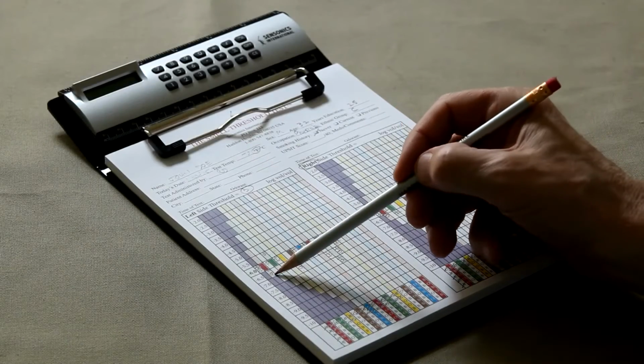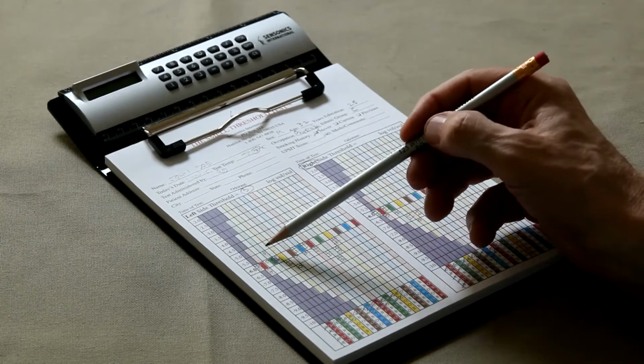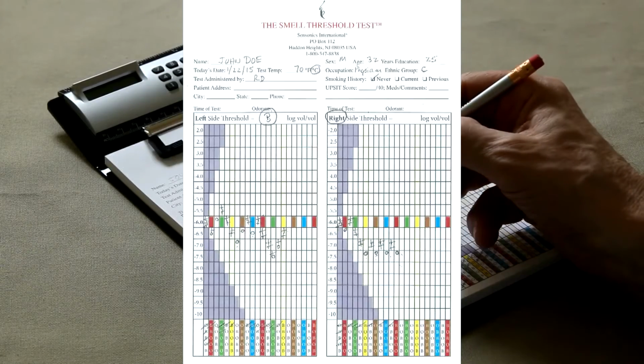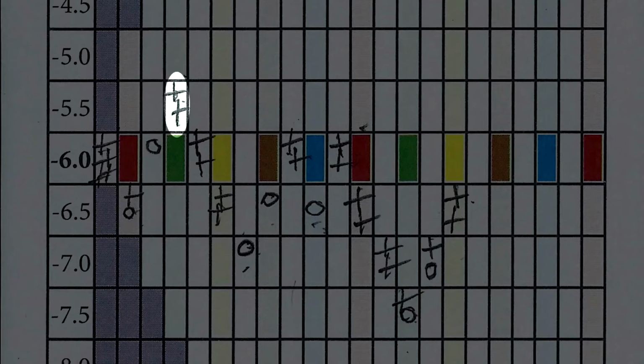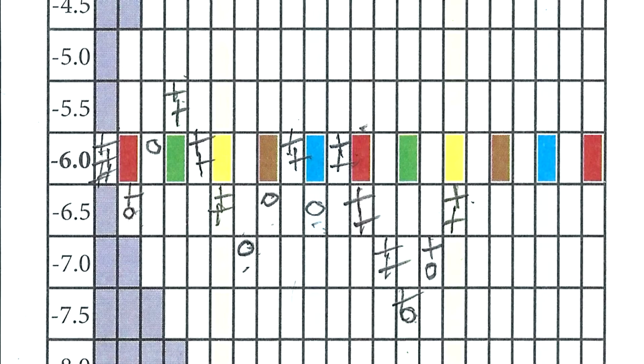Now, in order to calculate the threshold, we calculate the first 4 reversals after the first 3. So here's 1, 2, 3. So here's the 4th reversal, here's the 5th reversal, the 6th reversal, and the 7th reversal. And we're going to take the average of those 4 reversals, and that will end up being his threshold measure.